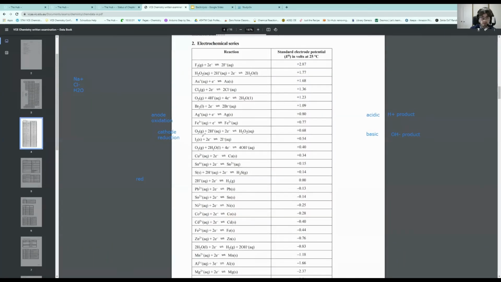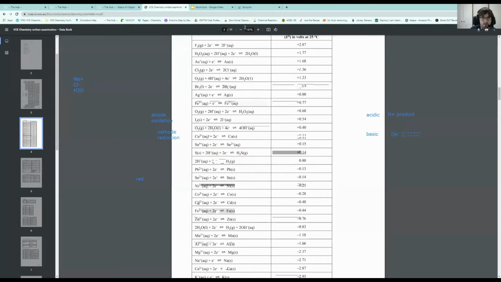I'll do this in red instead. So we've got sodium is way too low. There you go. We've got sodium, we've got chloride, and we've got water.